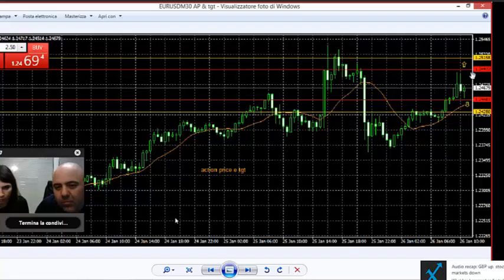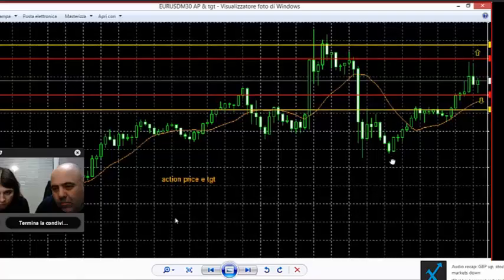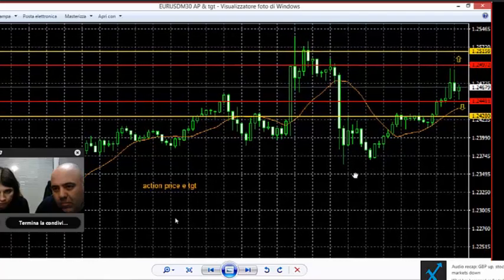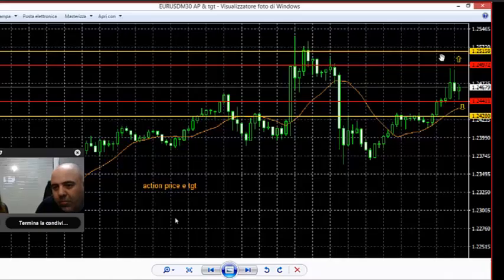This is just an example because we didn't have the lesson about the budget. Above 97, I will buy for a first target on a 125 and 16. So 17 pips more or less.